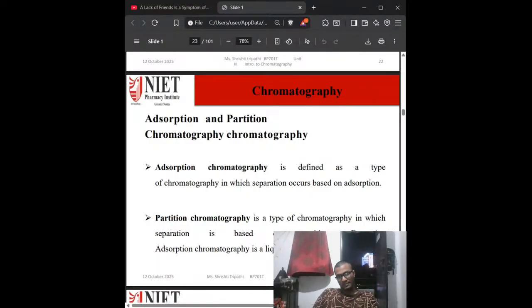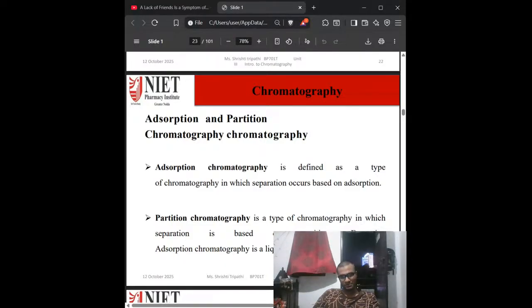Adsorption chromatography is defined as a type of chromatography in which separation occurs based on adsorption. Partition chromatography is a type of chromatography in which separation is based on partition. Adsorption chromatography is a liquid solid extraction.